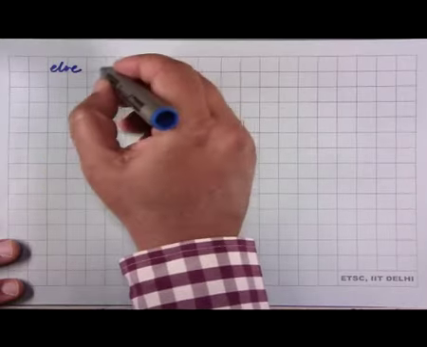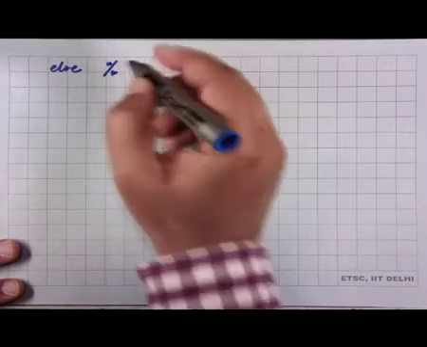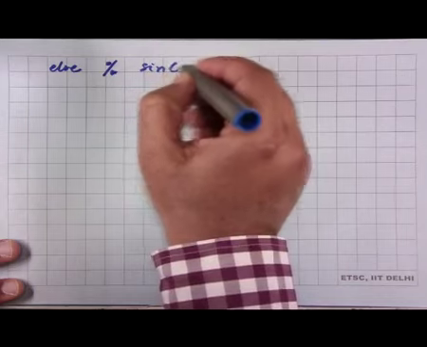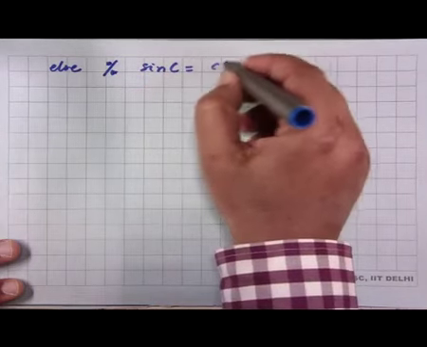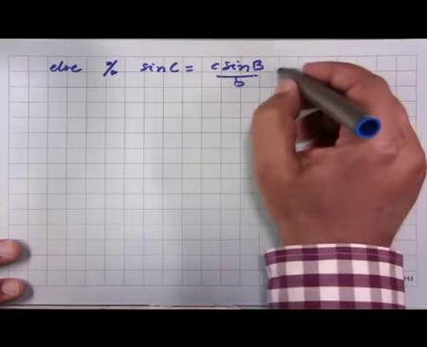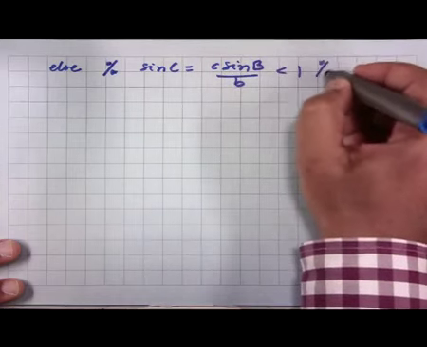Else, so by else we mean if sin C, which is c sin B by b, happens to be less than 1.